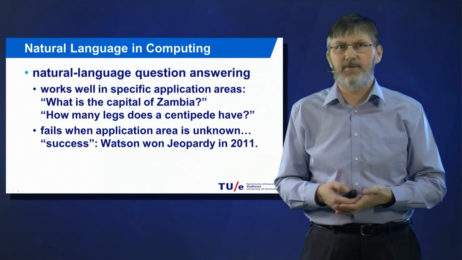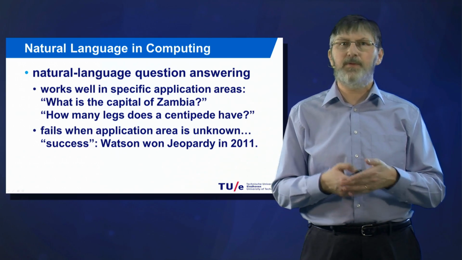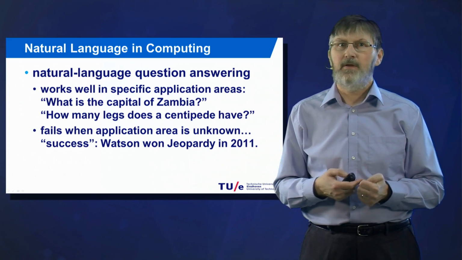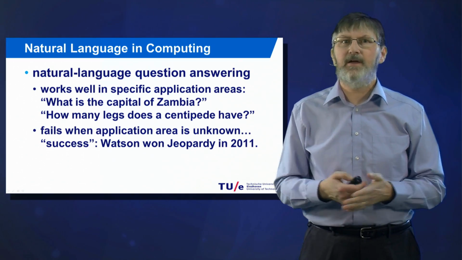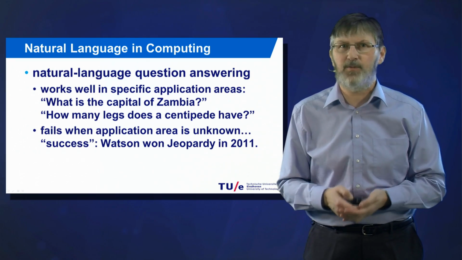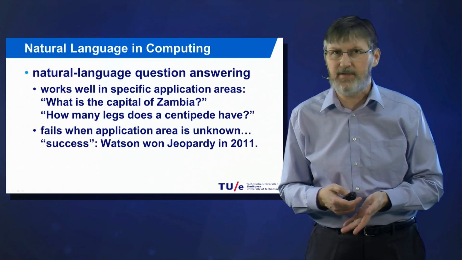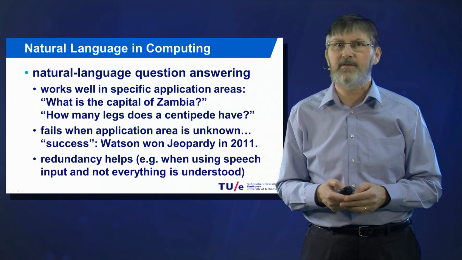The natural language questioning fails when the application area is completely unknown, but there again, successes are beginning to appear, and an IBM computer, Watson, won the Jeopardy quiz in 2011 already. So we're getting there, but we're not quite there yet.